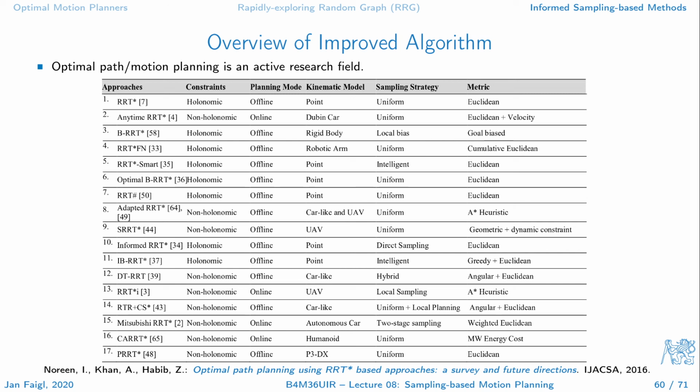This is an example of a survey from 2016. There are a bunch of modifications that are customized to some kinematic models. They use different metrics, different sampling strategies, and address constraints. Most of them are offline, but also anytime RRT star is for online.